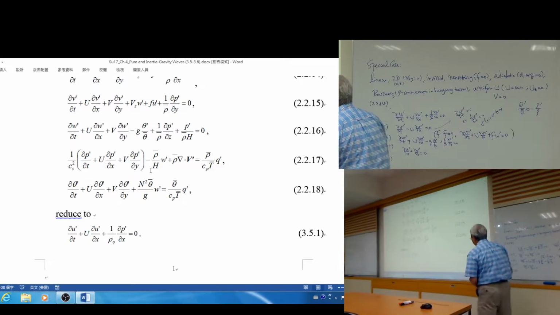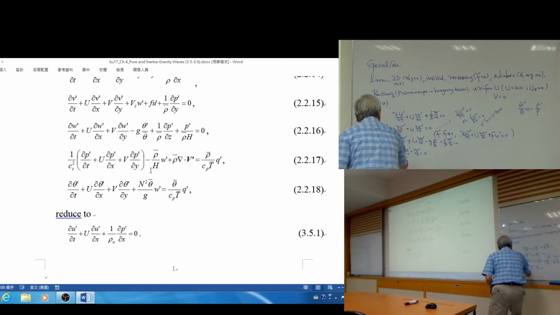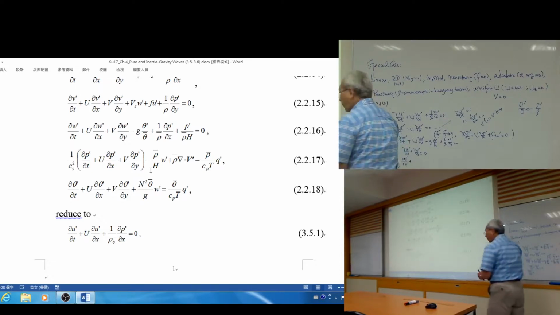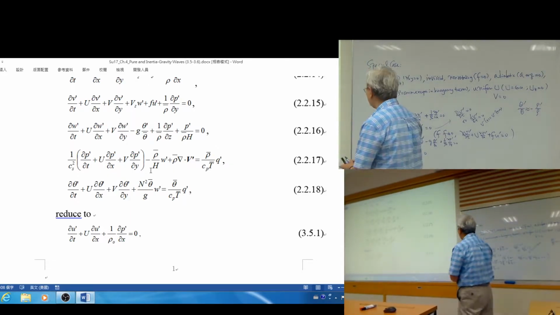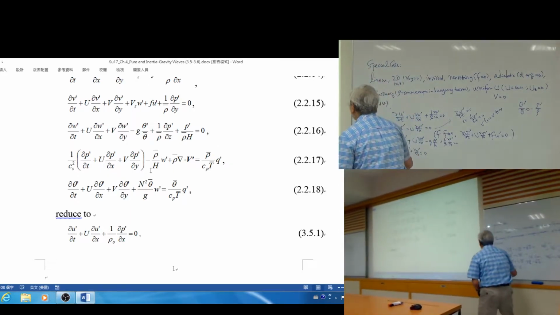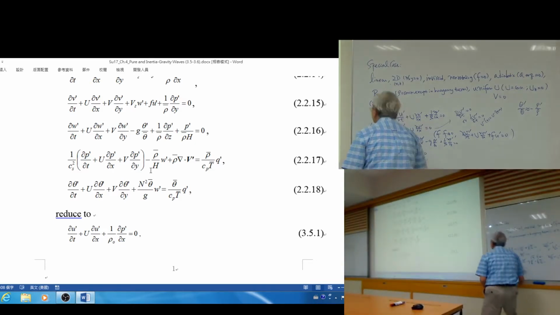The theta prime: partial t plus u, partial theta prime dx.